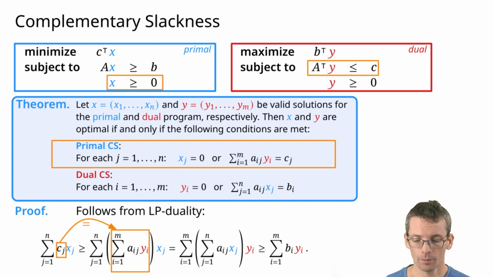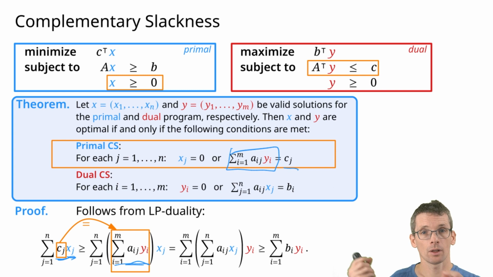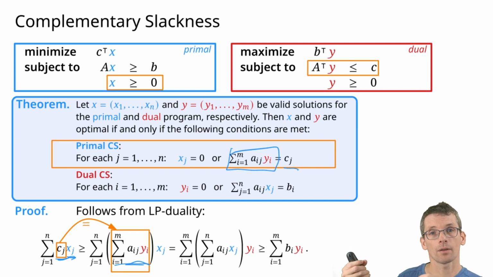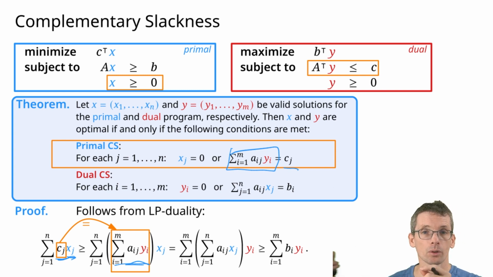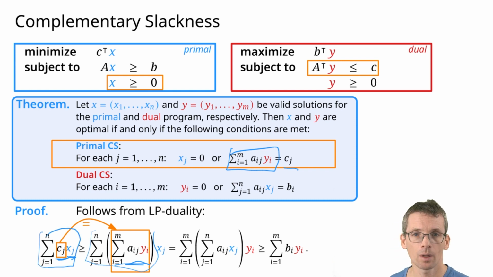So now if we have primal complementary slackness, so if the xj is 0, then that summand doesn't contribute anything because it's 0. If xj is not 0, then the cj actually equals the corresponding term on the other side. So then that variable contributes the same to this sum and to that sum.